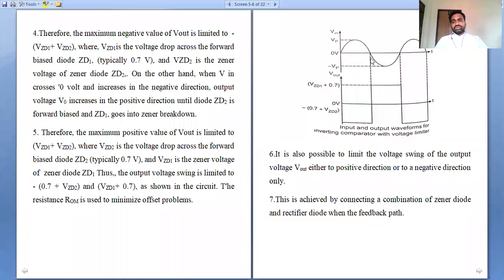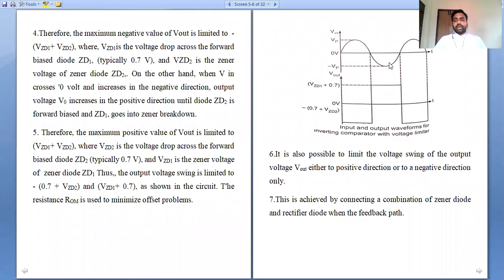Whenever the input voltage is crossing the zero reference voltage and increasing towards the negative peak, the behavior of the output voltage is positive. So at that condition we will forward bias Zener diode 2 and Zener break down the first diode.